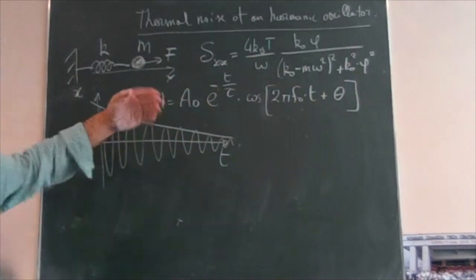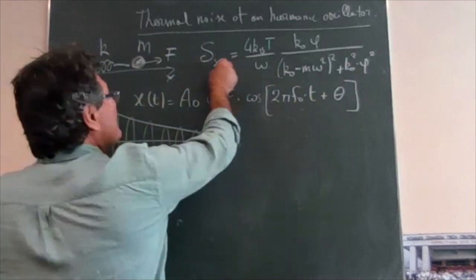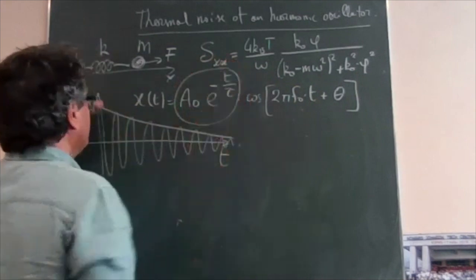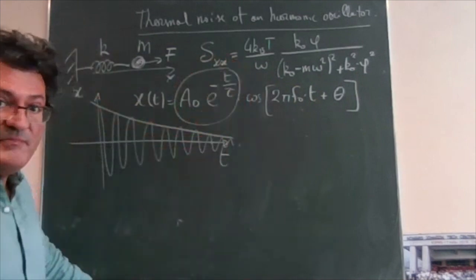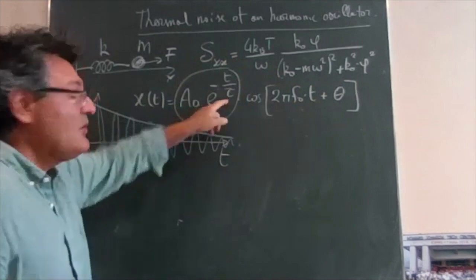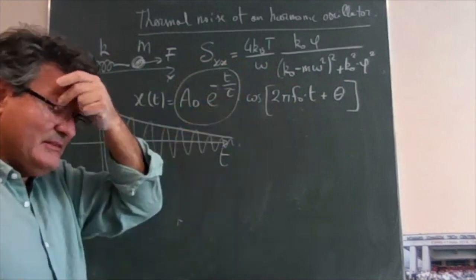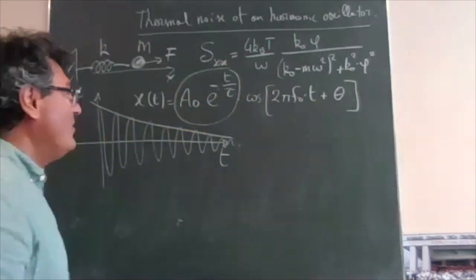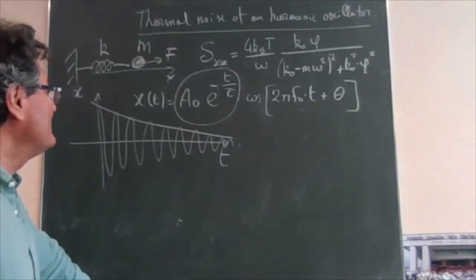This is the envelope. The envelope follows an exponential law. And so tau is the decay constant of the harmonic oscillator.